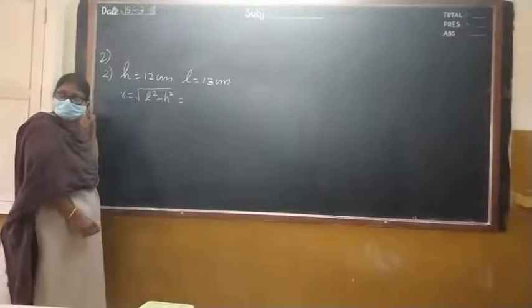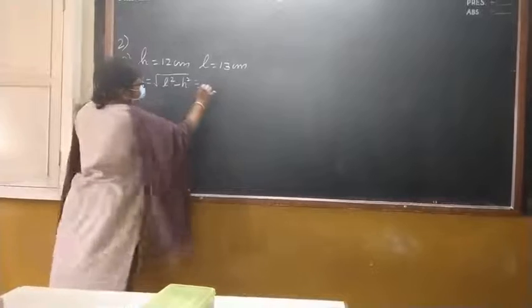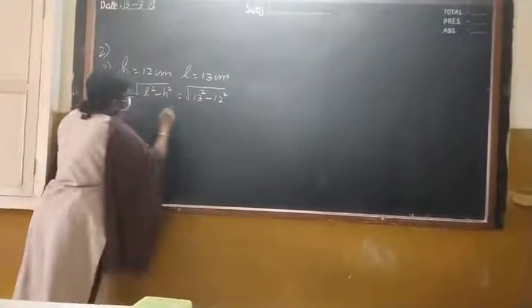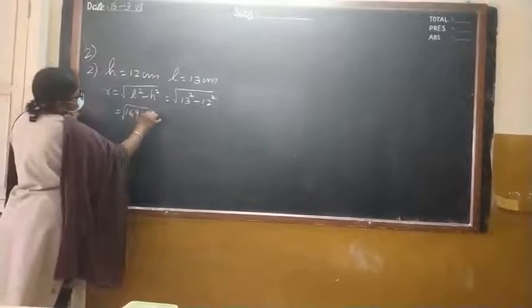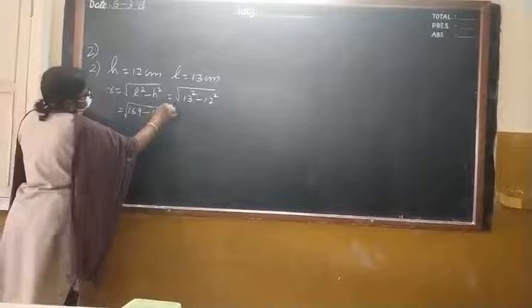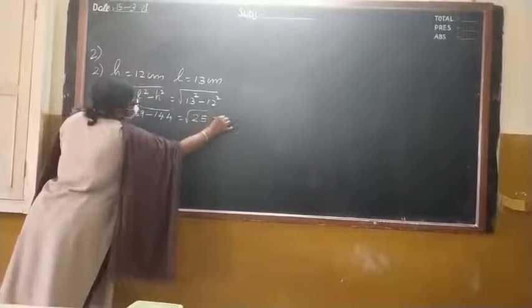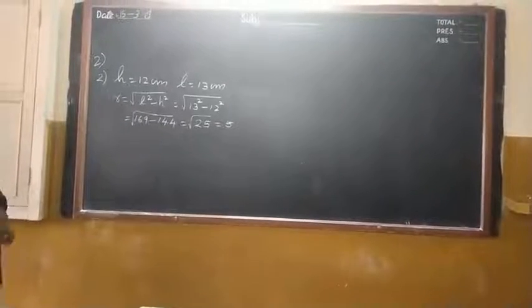So 13 square minus 12 square, 25. So root is 5. So R is equal to 5 you are getting.